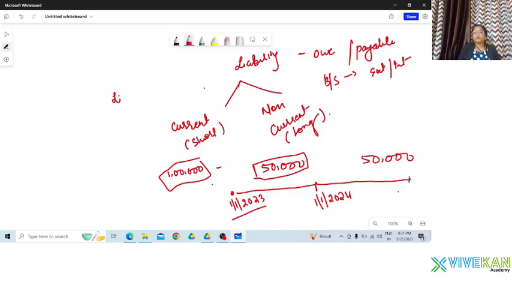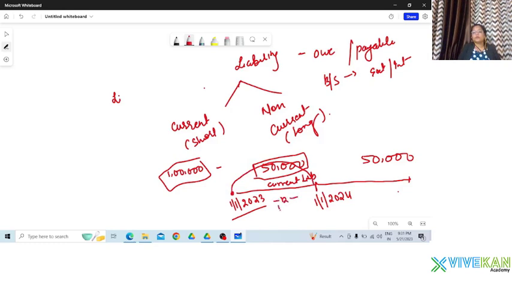Now what will happen in this scenario? This is a current liability. Current liability in the sense that if you are reporting on 1st January, this is your current liability because you have to pay within 12 months.